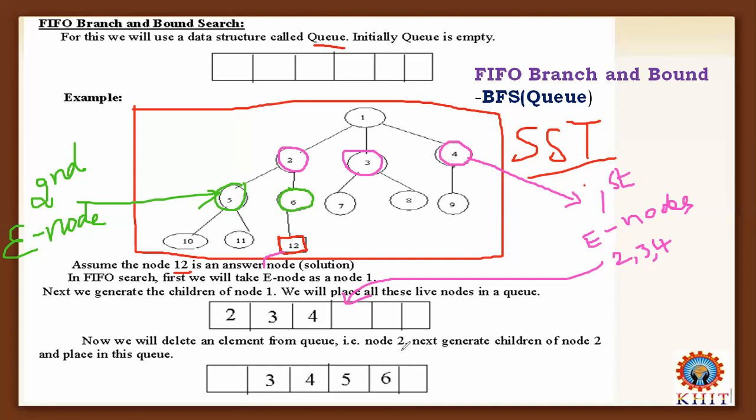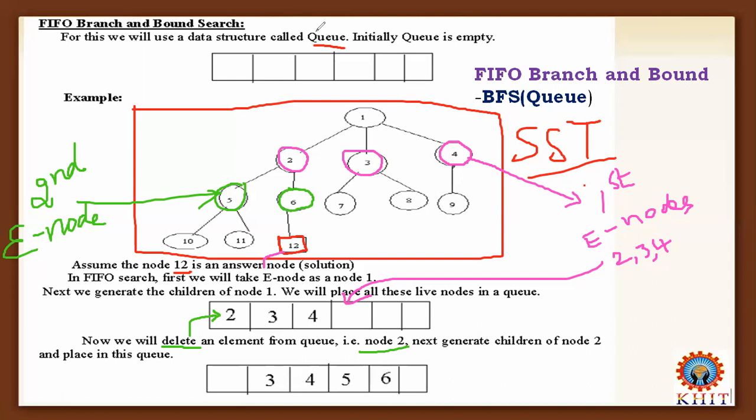Here the question is, if I delete node 2 from the given state space tree, what will happen?